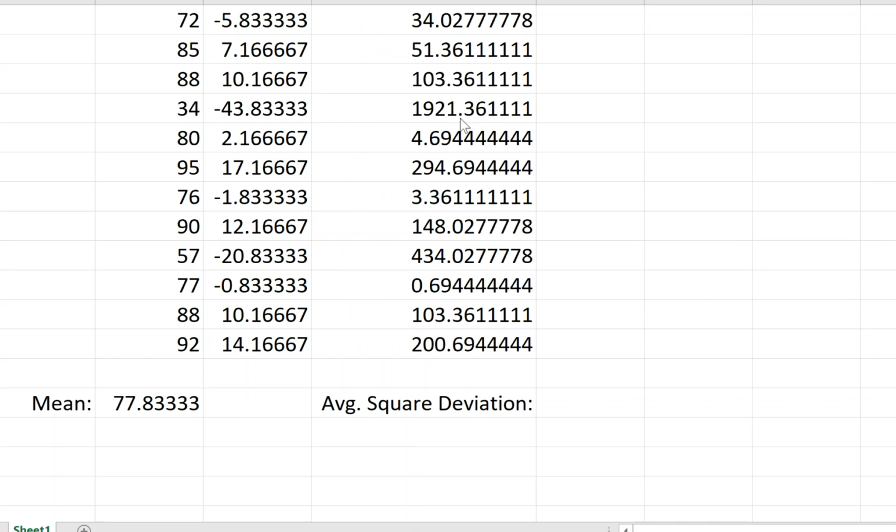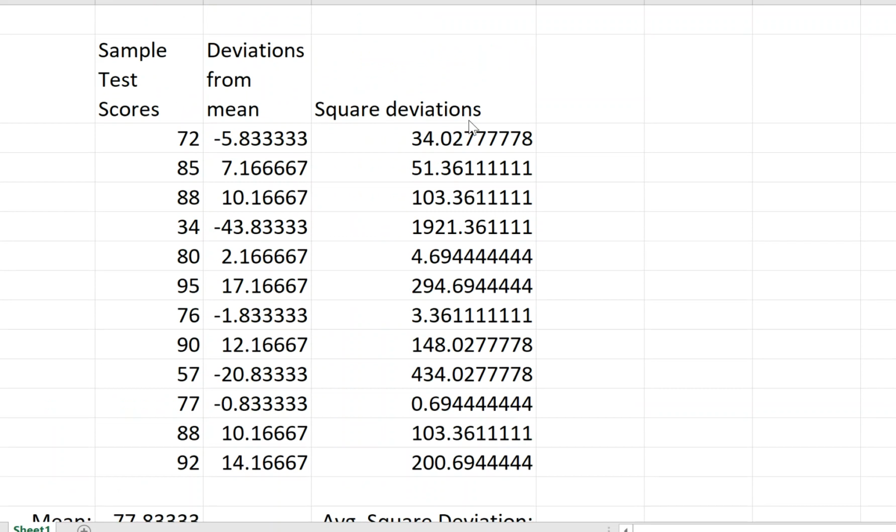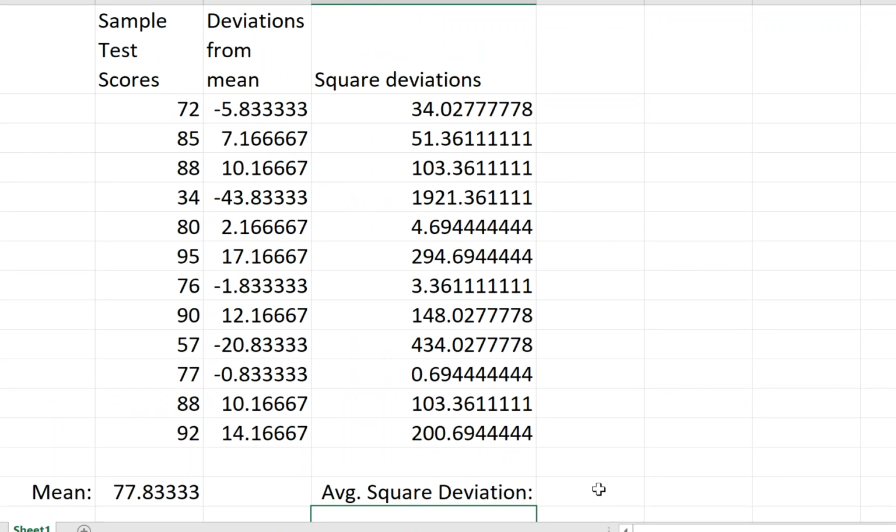Now this is the tricky part, and I can't really go into the theory at this level of mathematics. But the idea is typically when you average, you add these up and divide by the total number.